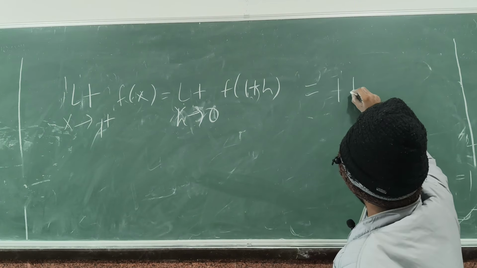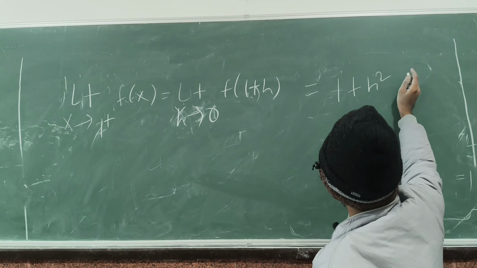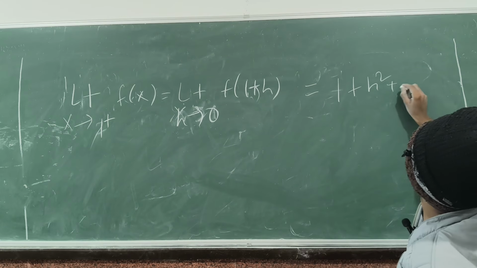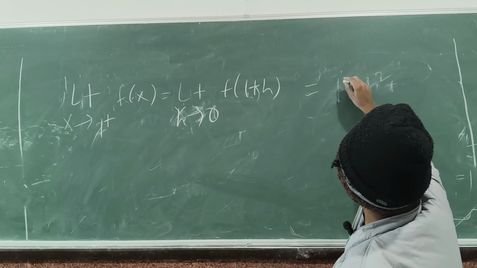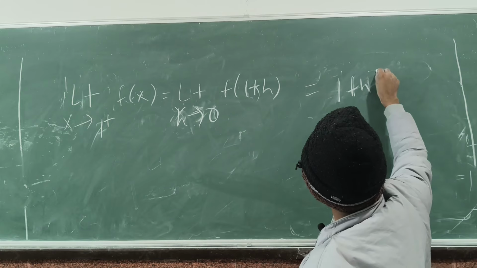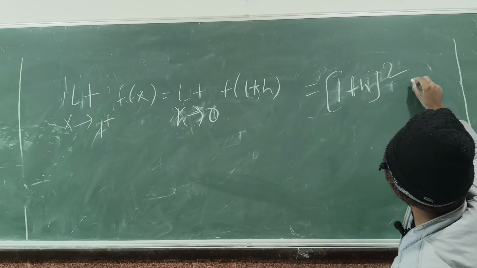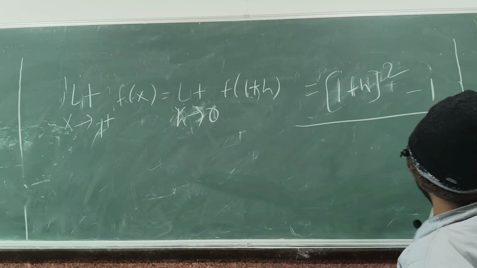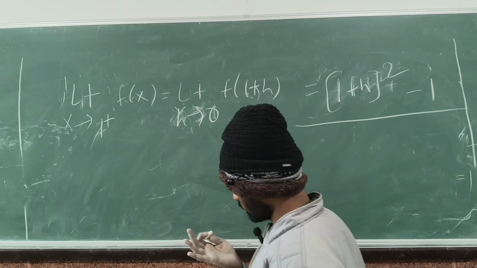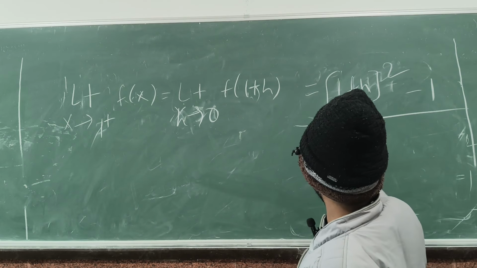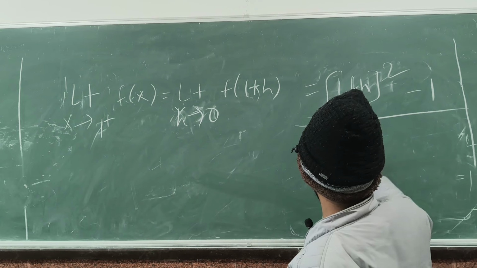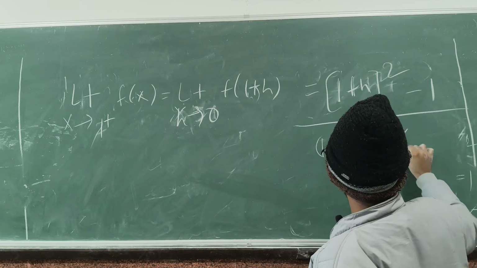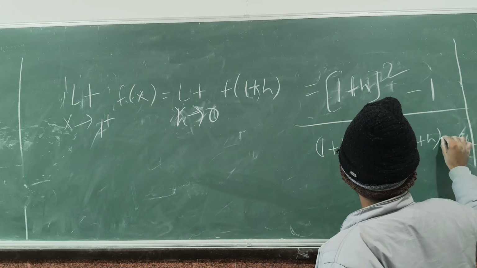That equals (1 plus h) whole square minus 1, divided by (1 plus h) whole square minus 3 into (1 plus h) plus 2.